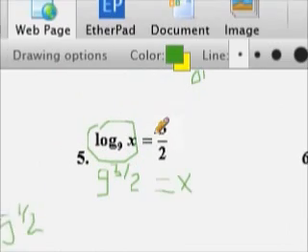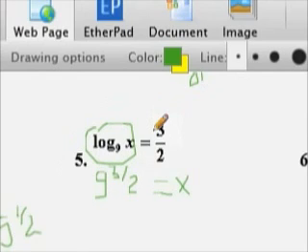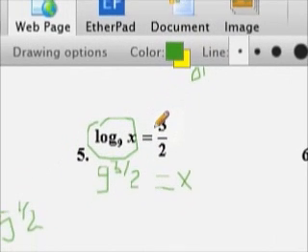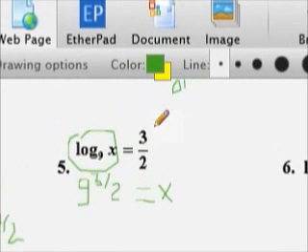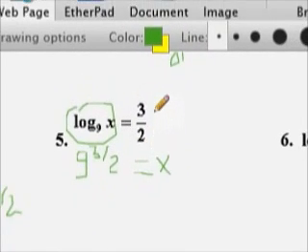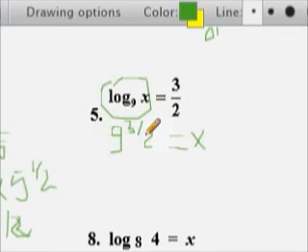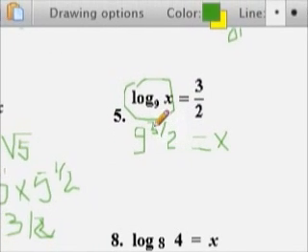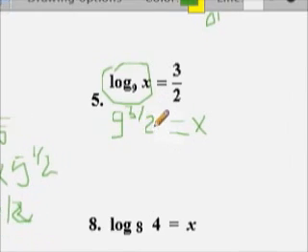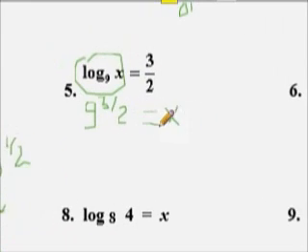They give me the result. Remember, the result of a logarithm is an exponent, because every time I'm trying to compute the log base b of a value, I'm trying to find the exponent. The final result is the exponent. So I know the exponent. That's why I use 3/2. The exponent here is 3/2 equal x. So now that's the final result.